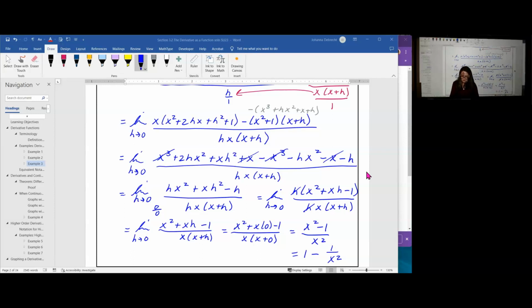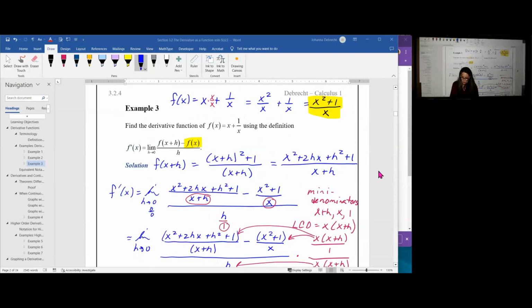Let's go back and look at the beginning. When I'm up here, it has the function f of x equal to x plus 1 divided by x. I know that by definition, the derivative is in fact a limit. And since the derivative is in fact a limit, I can use the limit laws. And the limit laws tell me that the limit of a sum is the sum of the limits.